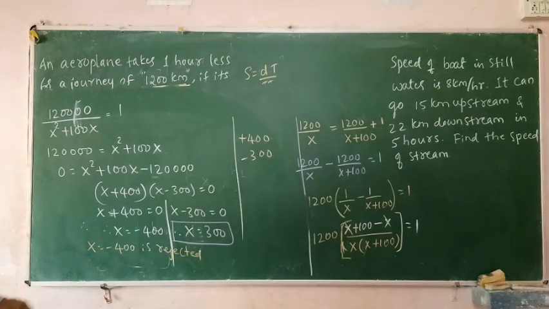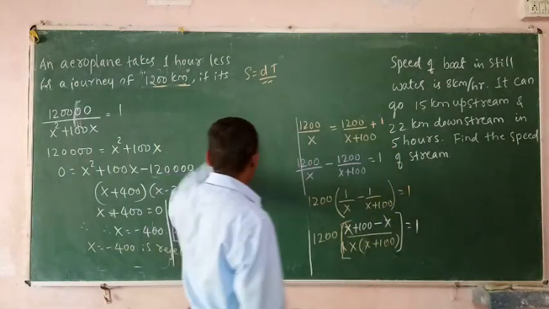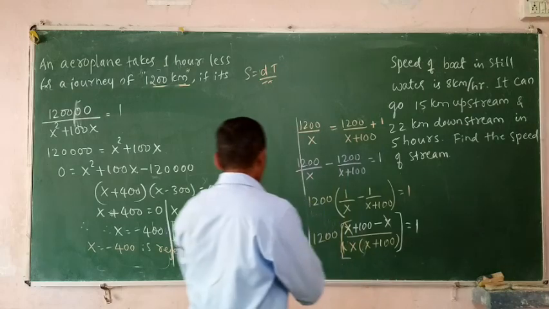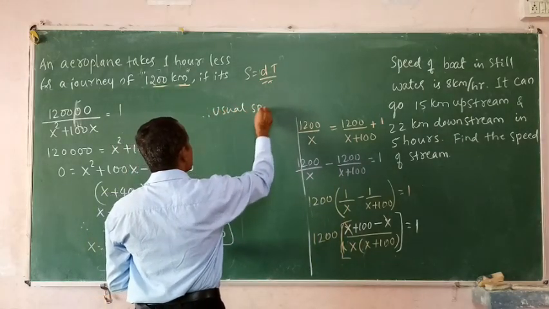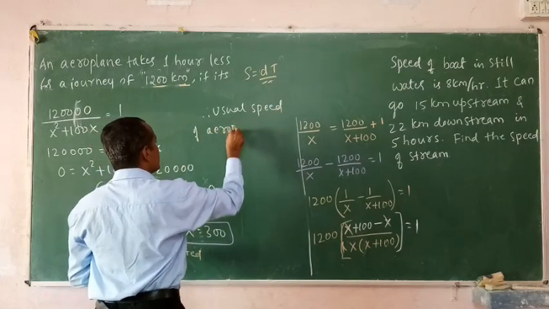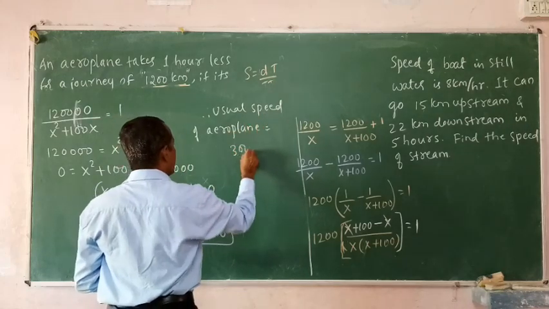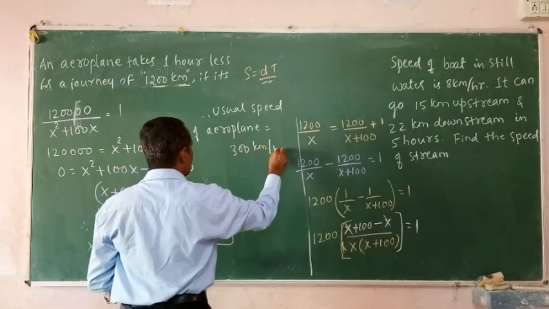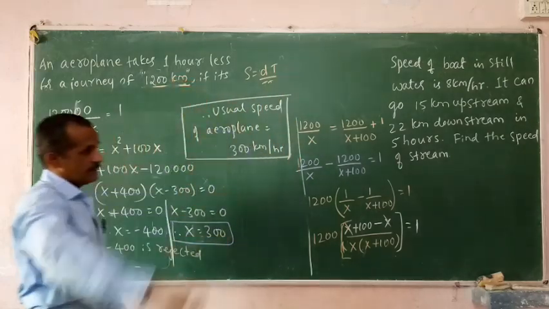The speed cannot be negative. Therefore, the usual speed of the aeroplane is equals to 300 kilometers per hour. That is the answer.